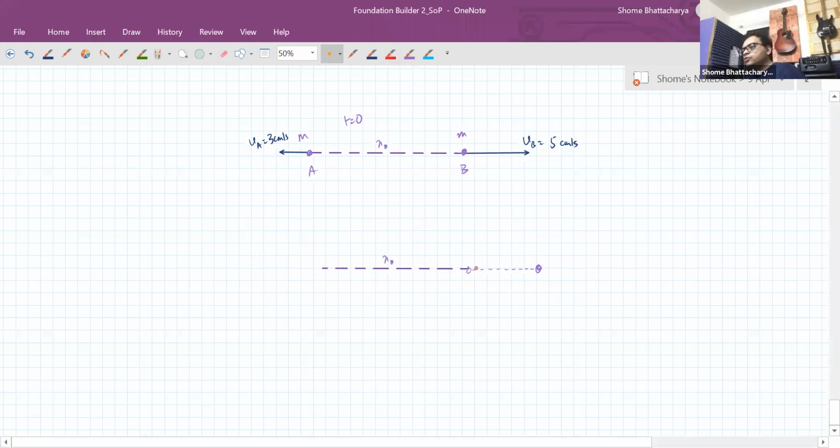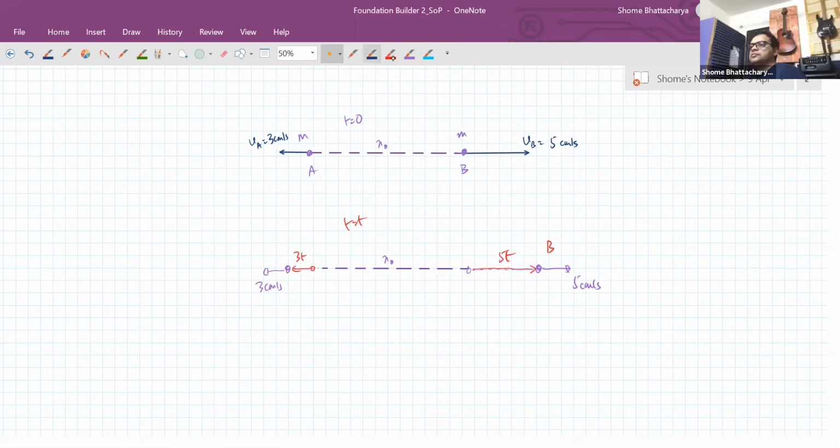So B would have moved by a displacement of 5t in centimeters at time t, whereas A would have moved by a lesser displacement, because this is moving at 5 centimeters per second and this is moving at 3 centimeters per second. So A would have moved by a lesser displacement of 3t. In the original diagram, the center of mass of the system was here.